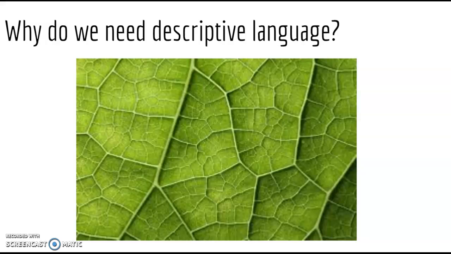If you were to ask anyone to describe a leaf, the first thing people would say is probably that a leaf is green, or that a leaf is small. When in reality, those are true, but if you look at these very deep ridges and lines, there are a lot more things that we could use to describe a leaf.